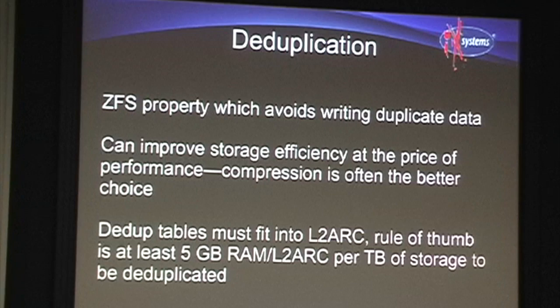One of the reasons why deduplication may not be good for you is the tables that are tracking the disk blocks, the dedupe tables, have to fit into your ARC or L2ARC. And terrible things happen when those tables get bigger than that. General rule of thumb is 5 gigs of RAM per terabyte of storage to be deduplicated.